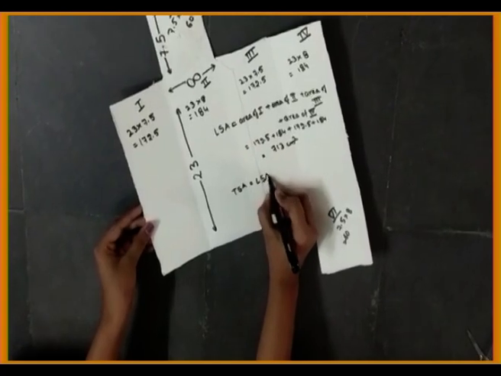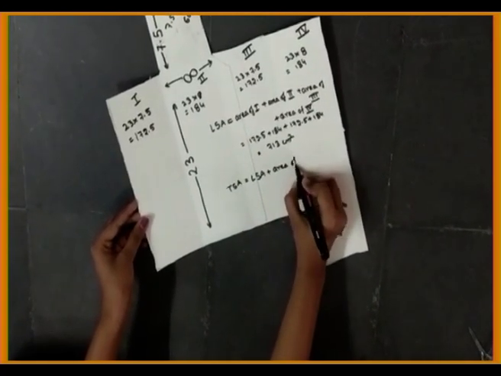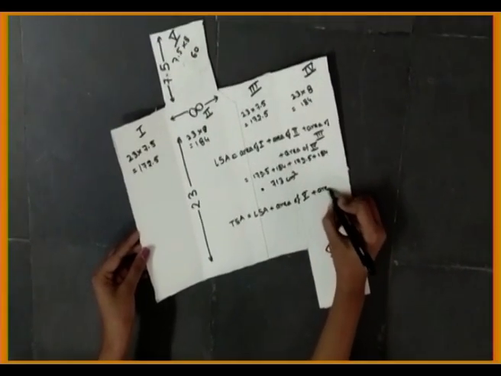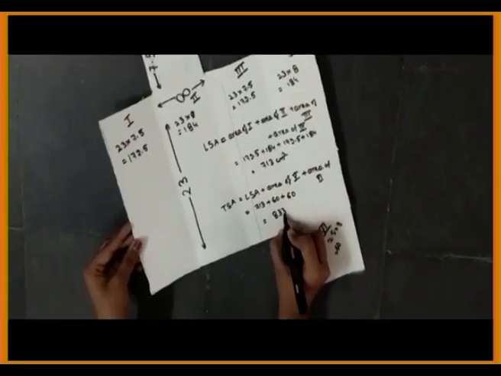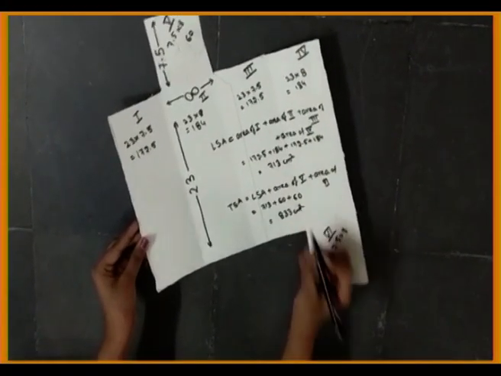Then what about total surface area? It is lateral surface area plus the areas of the bases. And what are the bases here? 5 and 6 are bases. So, area of 5 plus area of 6, and if we add, we can observe that 833 square centimeter is the total surface area.